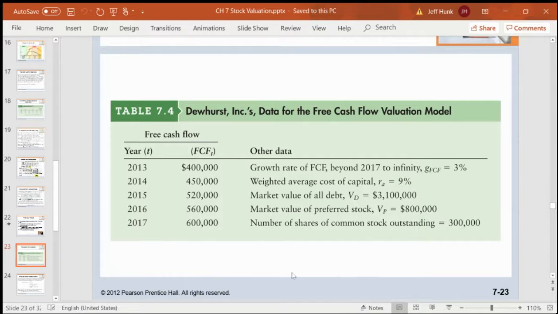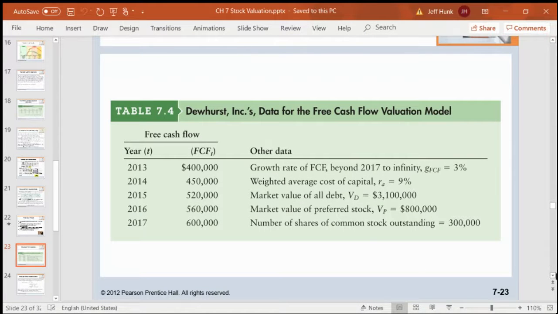Well, you discount it all the way back to 2012. That's the value of the company as of 2012. And then what do you need to do? You will need to then isolate only the value of the common stock, and then that's the value of the equity, common equity, aggregate, and then to find the price per share, you divide it by number of shares, right?